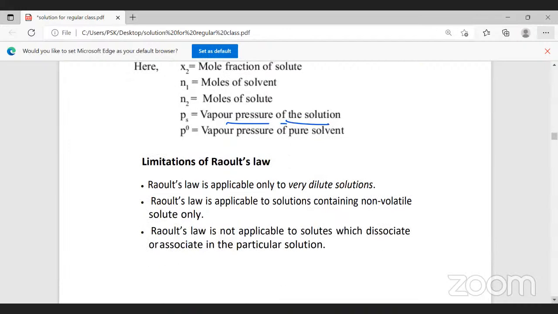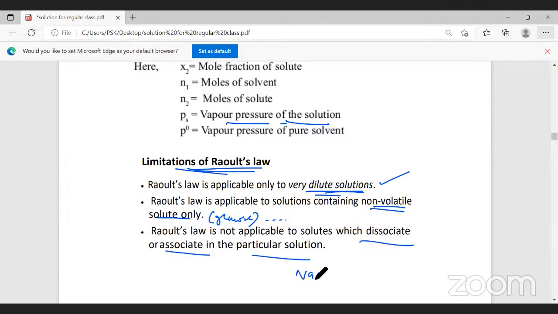Now coming to limitations of Raoult's law. See, Raoult's law is applicable only to dilute solution, not only Raoult's law. Colligative property as such is applicable only to dilute solutions. Any colligative property. Raoult's law is applicable to solution containing non-volatile solute, like glucose, etc. Raoult's law is not applicable for solute which dissociate or associate in a particular solution.